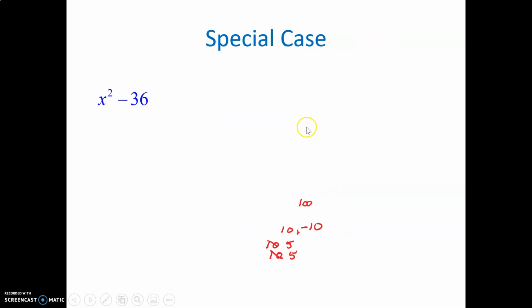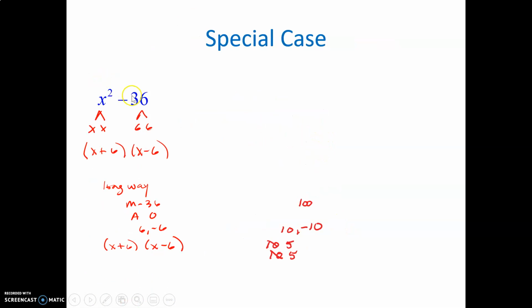This is a special case. When I factor these, this is that special case that I talked about before. This is a perfect square, x times x. This is a perfect square, 6 times 6, and there's a minus sign in between. So the x's go in the fronts of the parentheses, the 6's go in the backs of the parentheses, one is positive and one is negative.